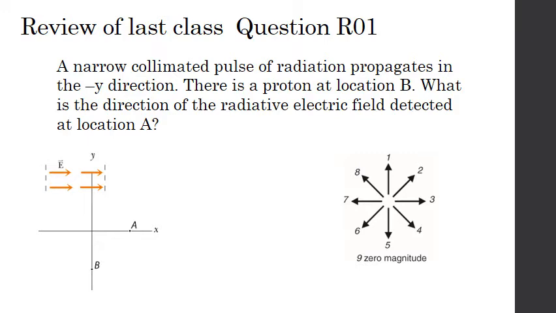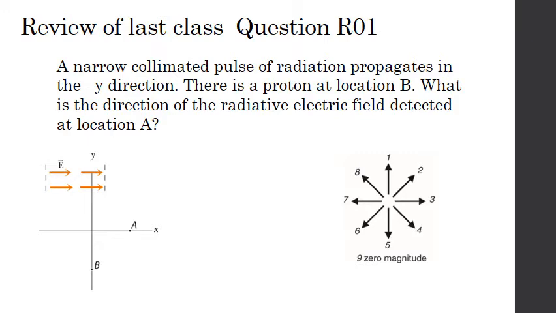So let's talk about what's going to happen to the proton at location B. When the electric field hits it, it will experience a force in direction 3. So if it's under a net force, it will have an acceleration in direction 3. Then we need to find the perpendicular acceleration, perpendicular to the distance between A and B. That perpendicular direction of the acceleration would be in direction 4.